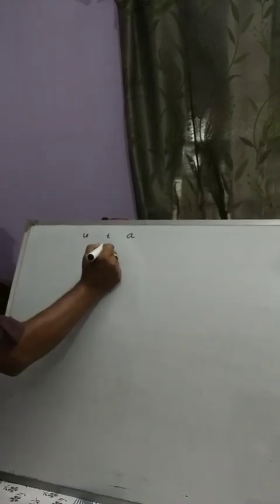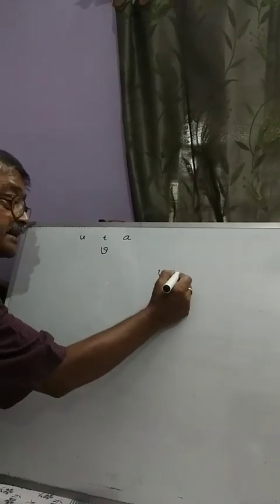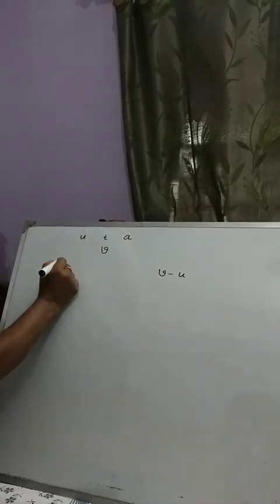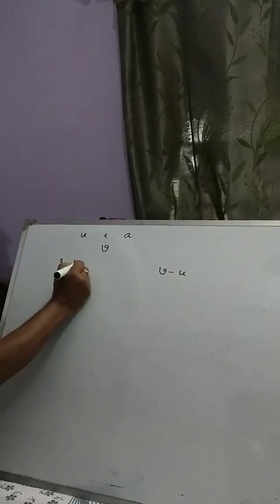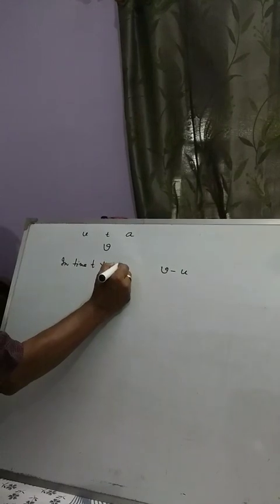Let us consider that the velocity of the particle after time t is v. So the increase of velocity is v minus u in time t.